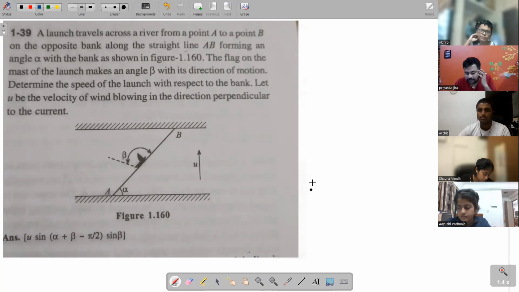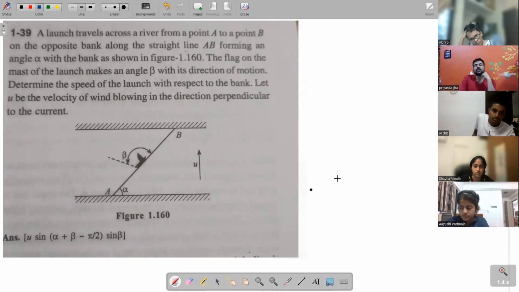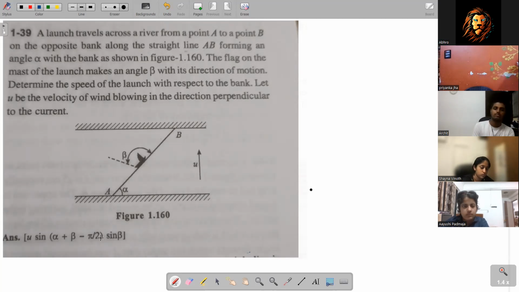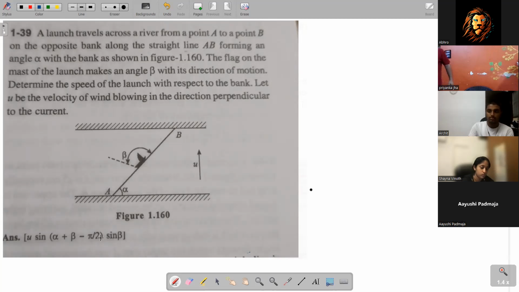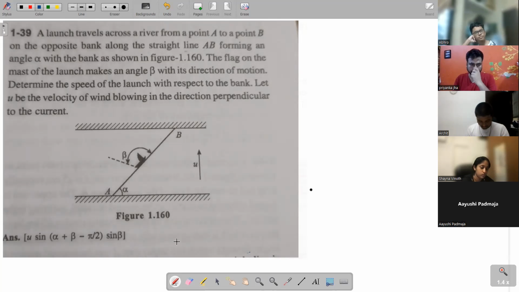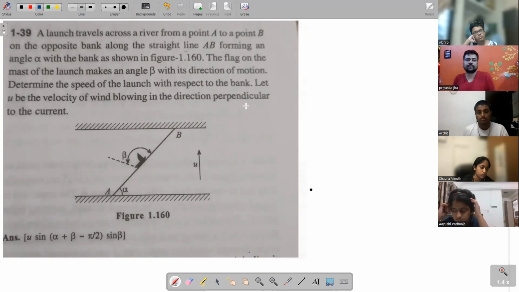Question says that a launch travels across a river from point A to point B on the opposite bank along the line.